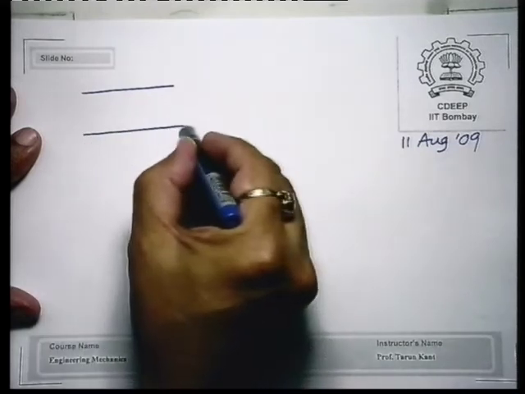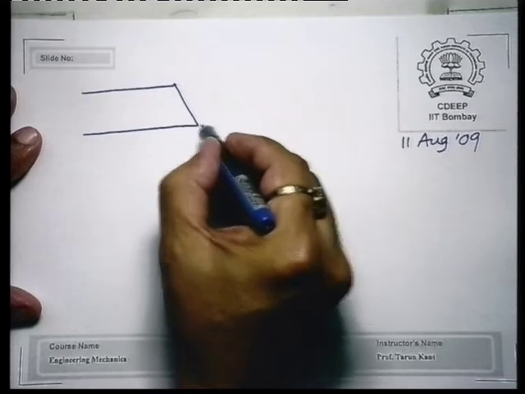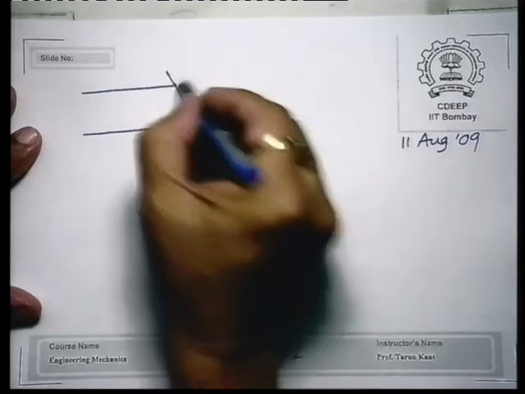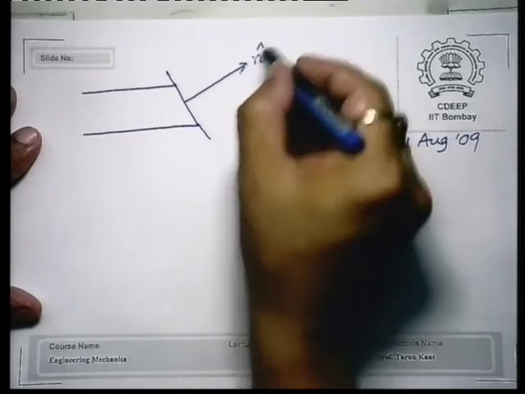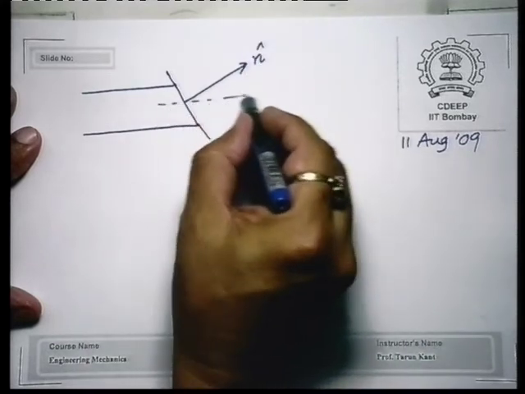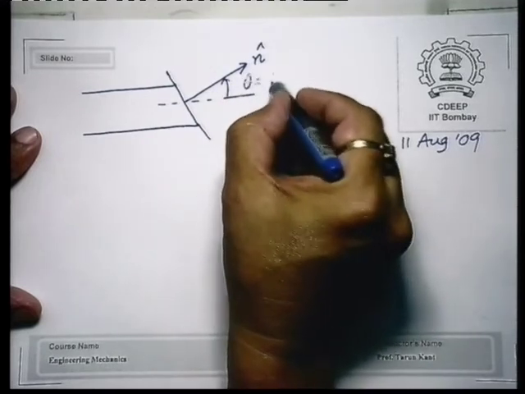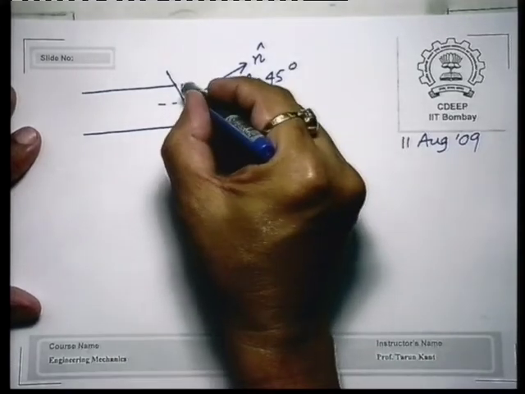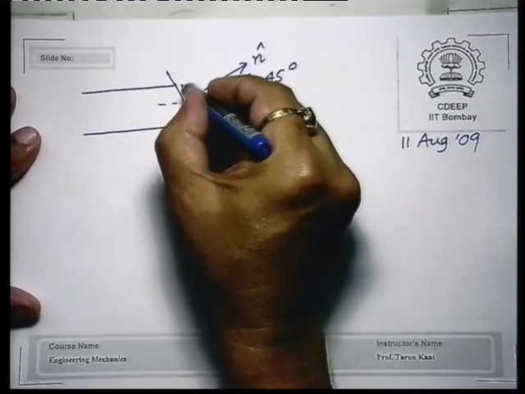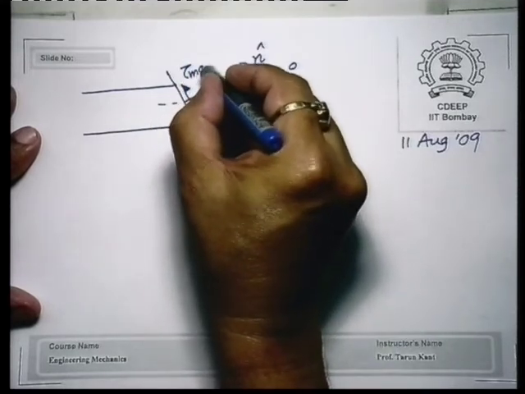So, when it is 45, this one is where tau is maximum.